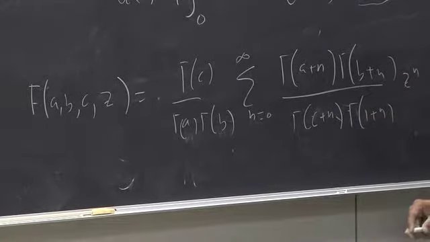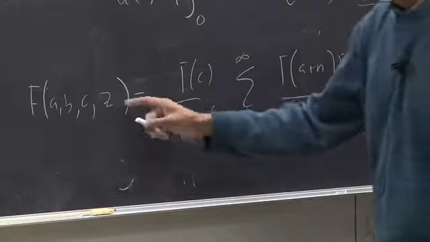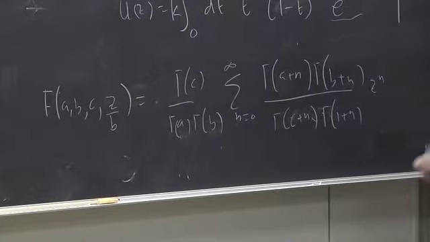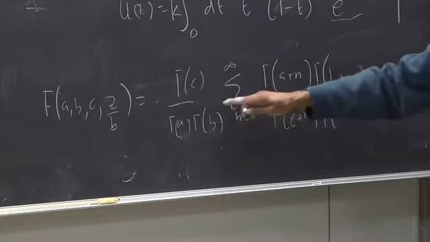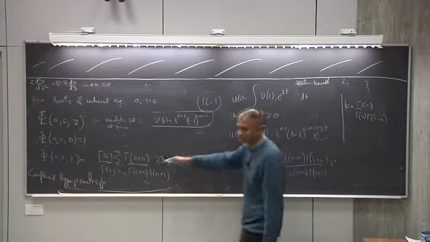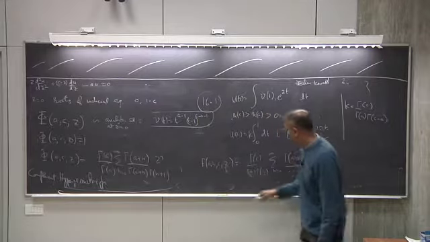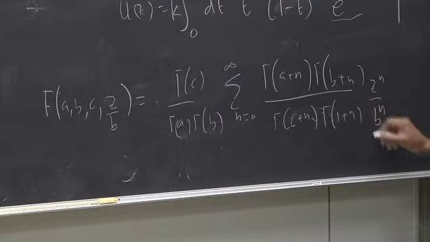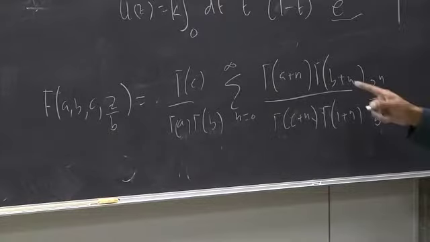Now instead of z, let's take z divided by b. I'm describing the limit that you have to take so that this becomes that. So of course this becomes z to the n divided by b to the n, because I'm replacing z by z over b. And then take also the b to infinity limit.